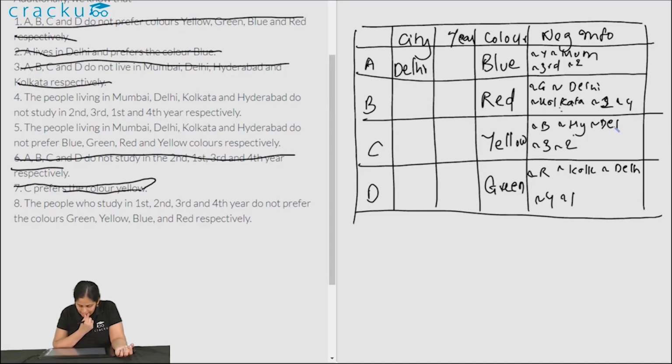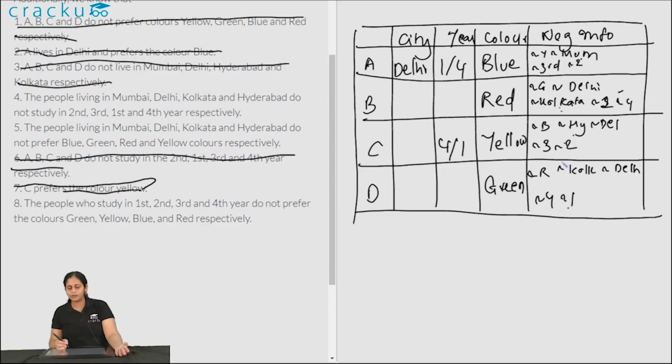If you see, this is 1 and 4, this is 1 and 4, this is 2 and 3, this is 2 and 3. So this means that this is either 1 or 4. Correspondingly, this would be 4 or 1. So this is not 2, not 3.